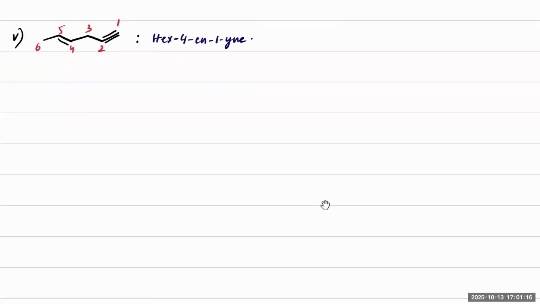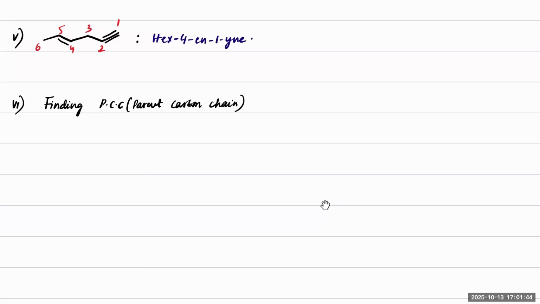Now, the next thing is always about finding PCC. What is PCC? Parent carbon chain. So we are trying to find out what the parent carbon chain is.